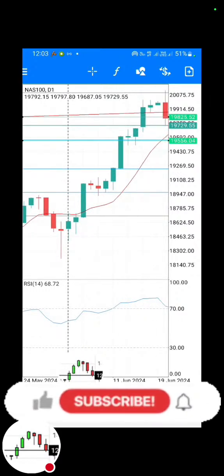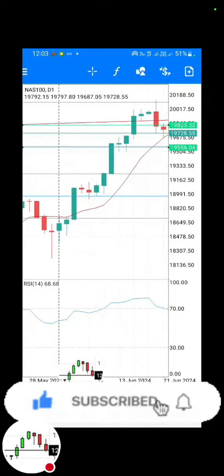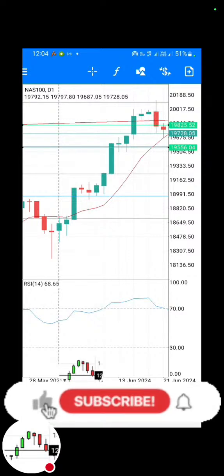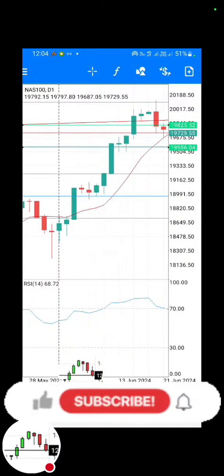We are learning a very strong bearish candlestick, and we are learning the hanging man candlestick. We are learning the importance of candlesticks in trading, especially Japanese candlesticks.